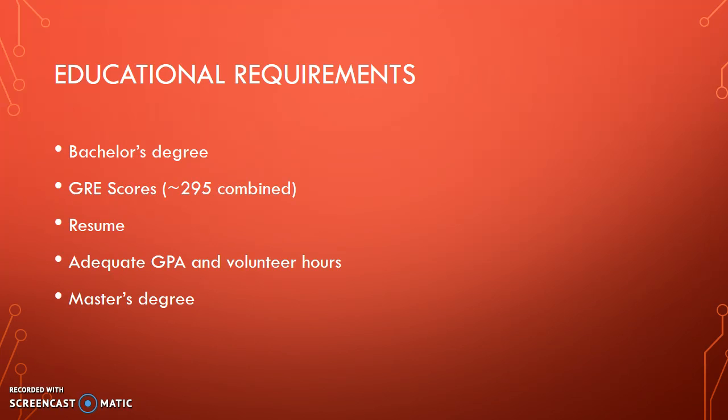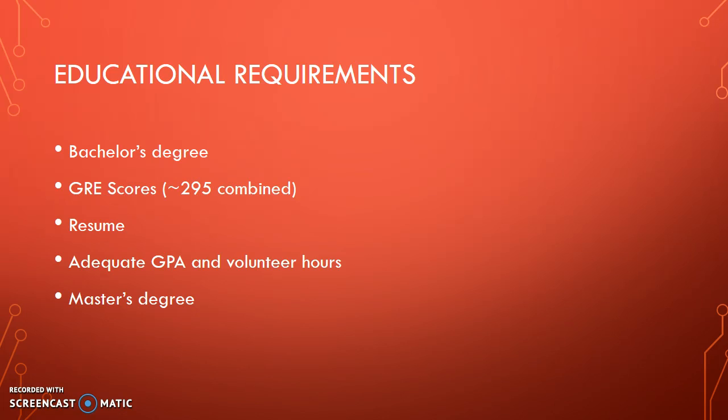So, educational requirements, every occupational therapist has to have a bachelor's degree. GRE scores, I've seen different sites, but typically it's around a 295 combined for verbal and quantitative. And then you definitely need a resume. So each site that you go to for different schools usually requires you to have some type of resume.